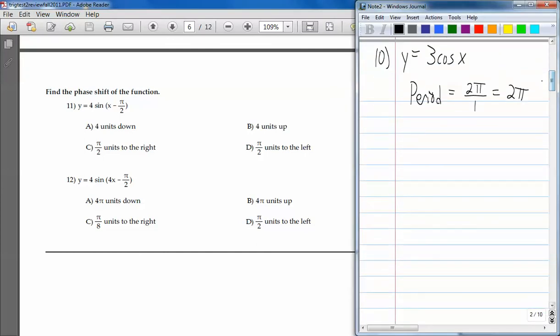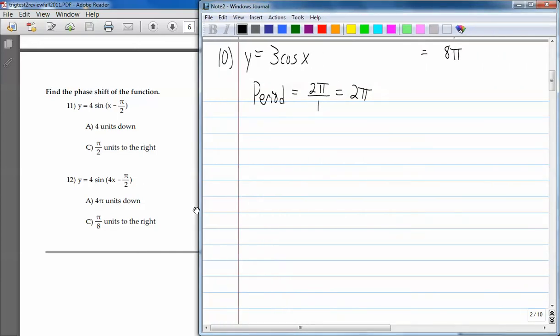Alright, on these we want to find the phase shift of the function. Now remember to find the phase shift, if we have something in parentheses with our x, that means we're going to have a phase shift. Like if we have plus something or minus something, it has to be in parentheses though.